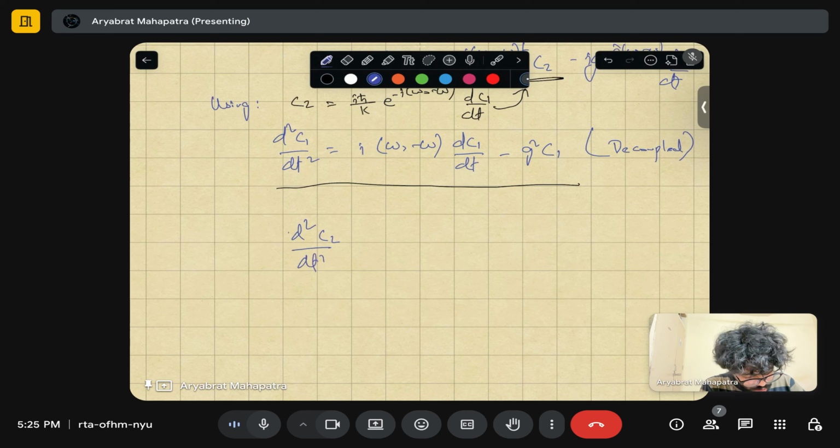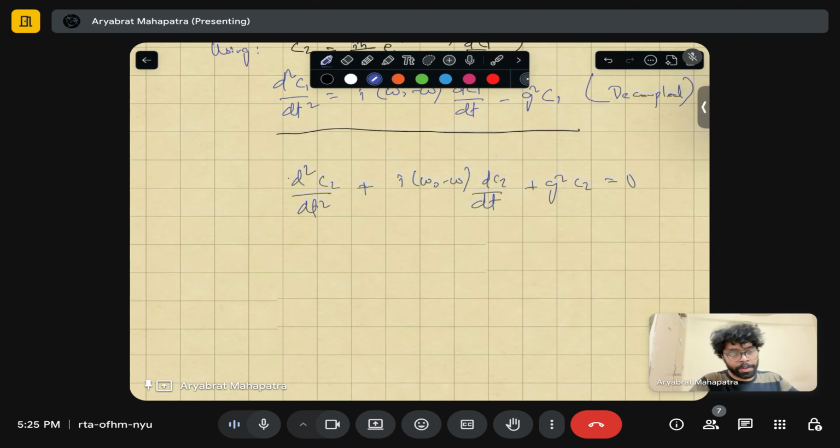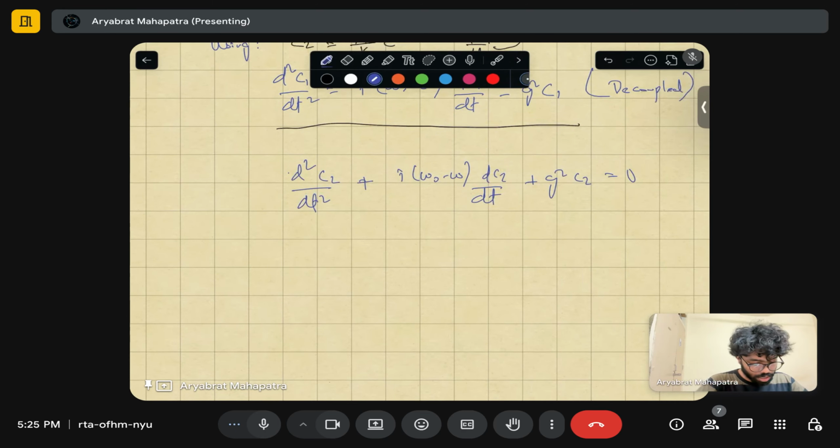When you decouple it, it would be something like i omega naught minus omega dc2 over dt plus g square c2 equals 0. Then these are your standard ordinary differential equations, and I hope you know the solutions to them.